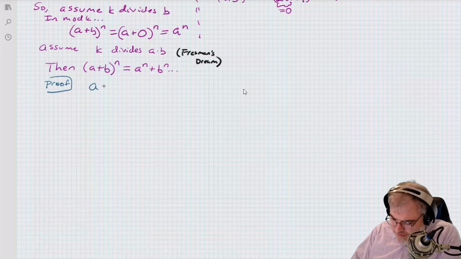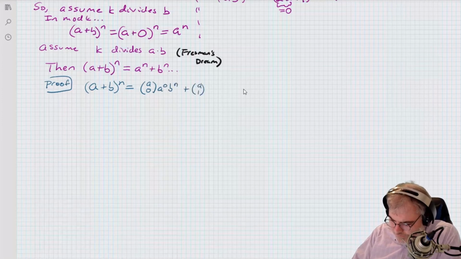All right, (A plus B) to the n equals n choose 0, A to the 0, B to the n, plus n choose 1, A to the first, B to the n minus 1. Sorry, this should be n's, not a's, n's. There we go.